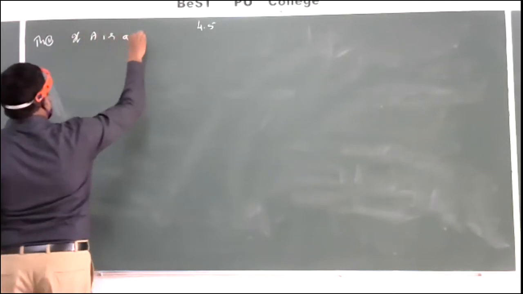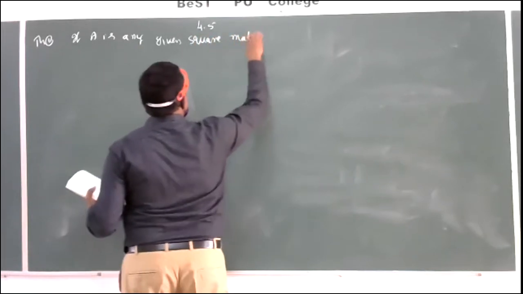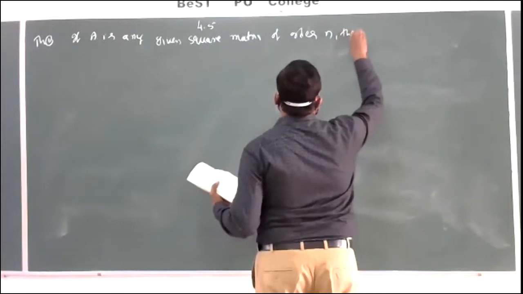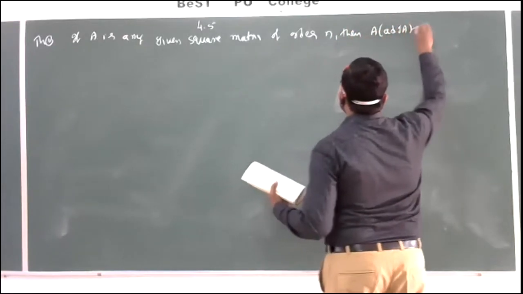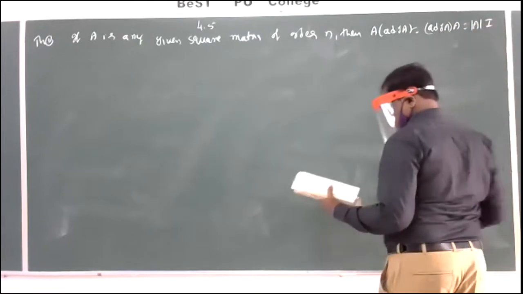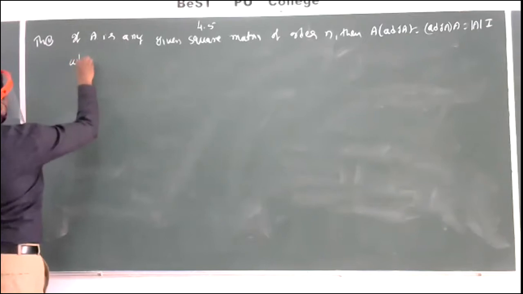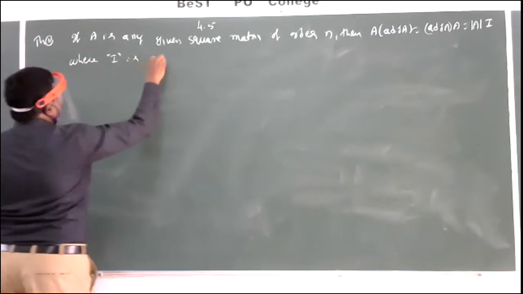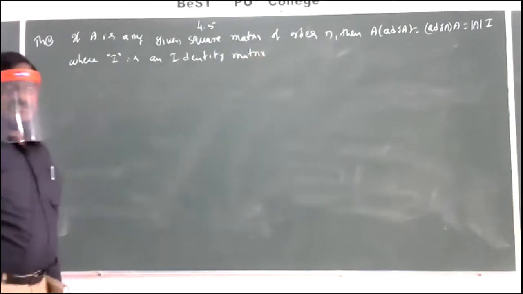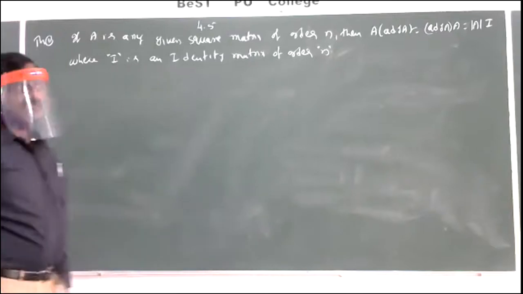If A is any given square matrix of order n, then A into adjoint A equal to adjoint A into A equal to det A into I, where I is the identity matrix of order n.